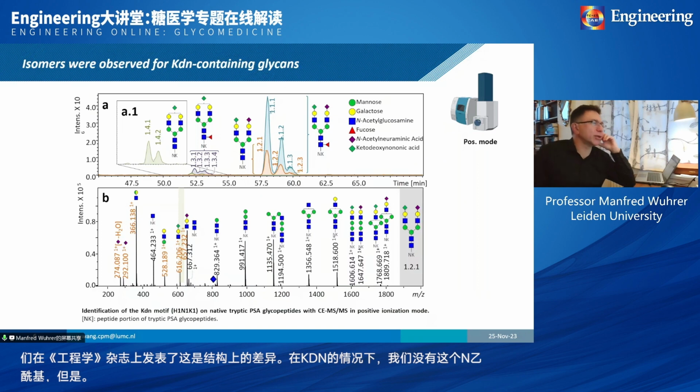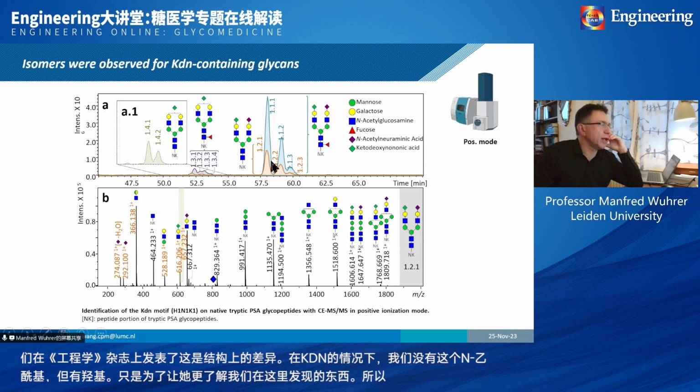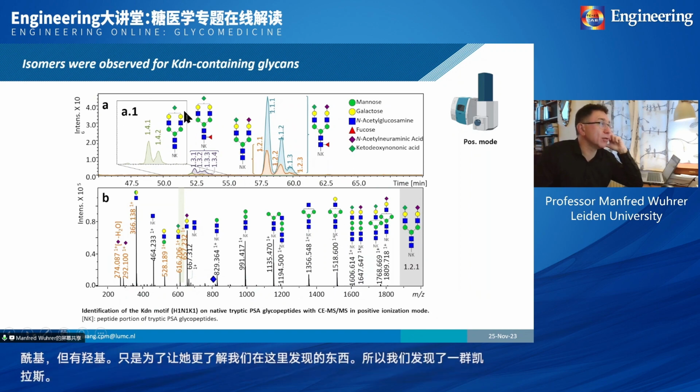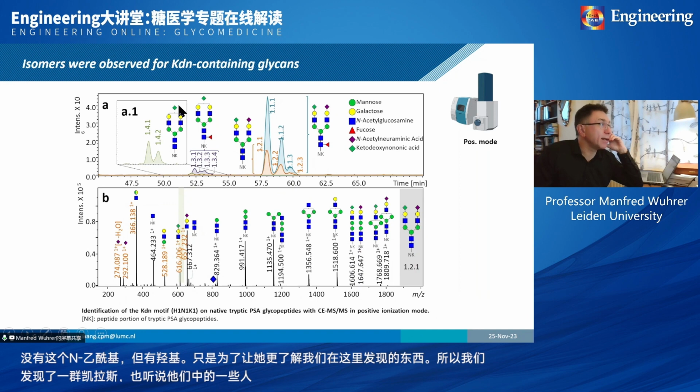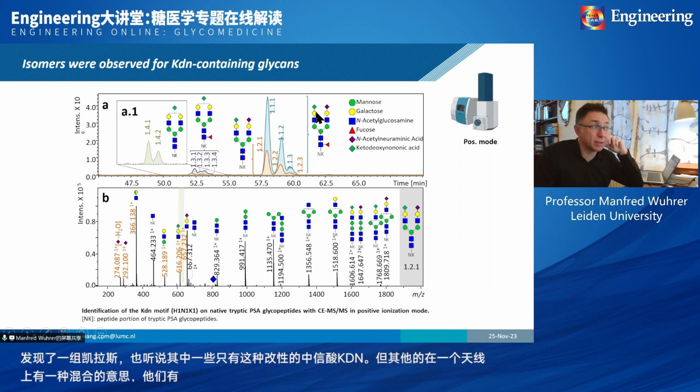Just to give some more flavor of what we found, we found a whole group of glycans, all shown here. Some of them have only this modified sialic acid, the KDN, but others have a mixture, meaning on one antenna they have the conventional sialic acid, and on the other one they have this novel KDN motif. We found them with a core fucose, but also in absence of a core fucose.